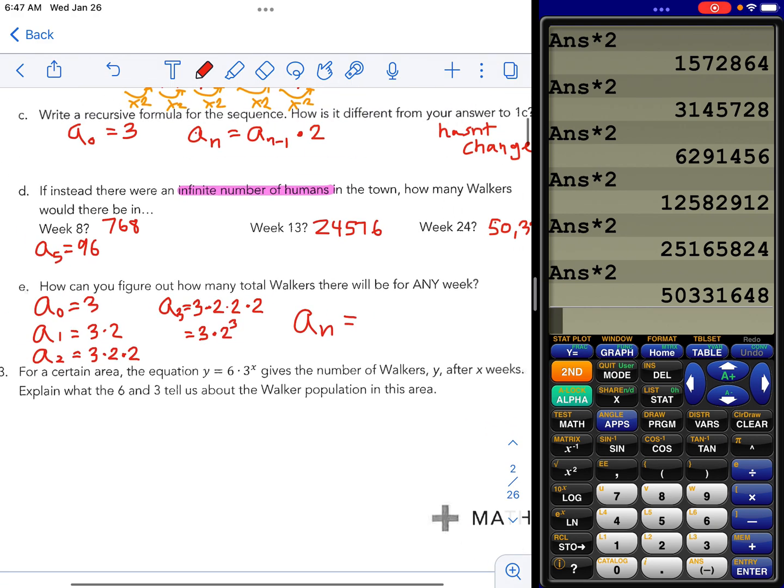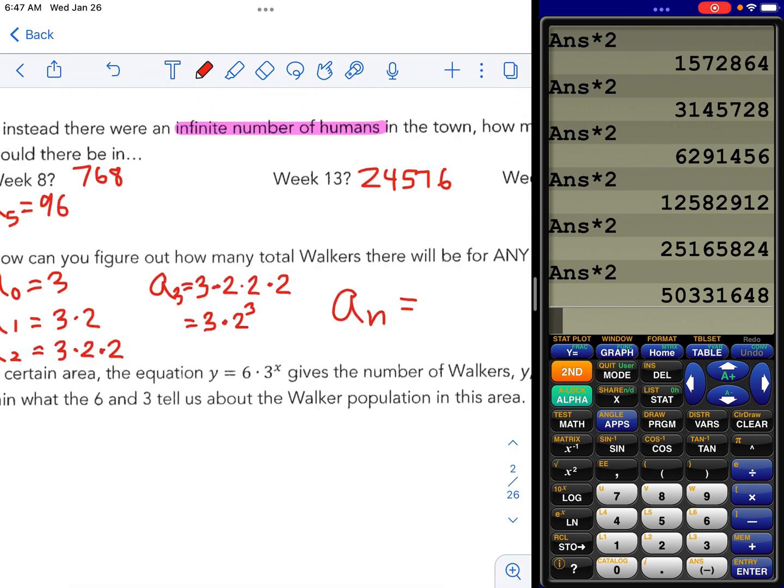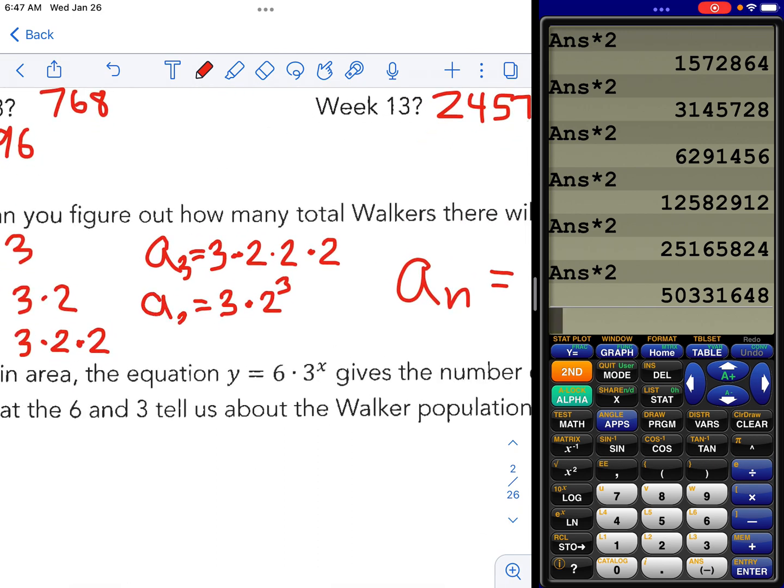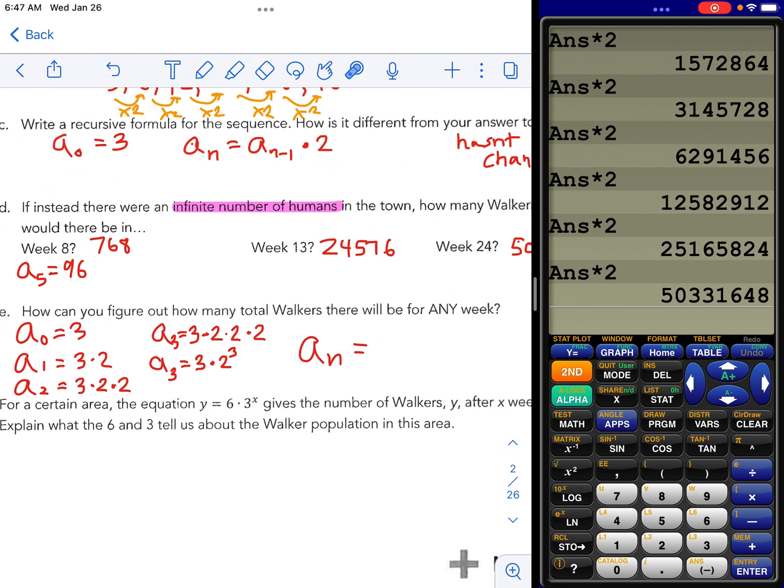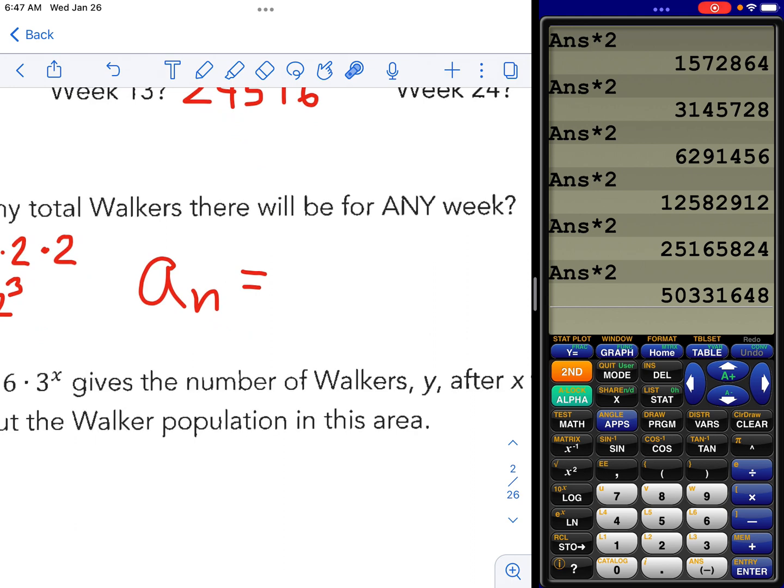And so that means if we can see that pattern here now between the week number, which is 3, and the power number, which is also 3, we can see that a general expression would be to take 3, the number of zombies we started with, and multiply it by 2 to the n power.